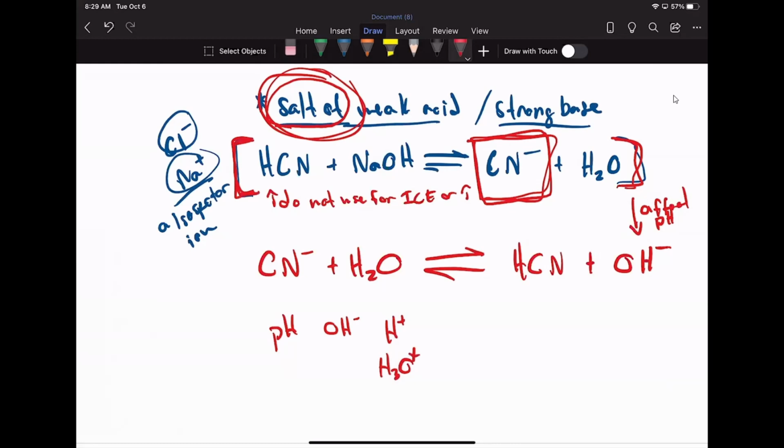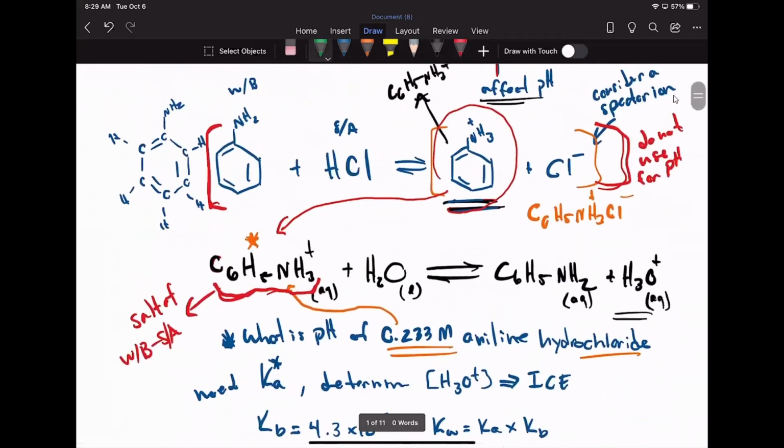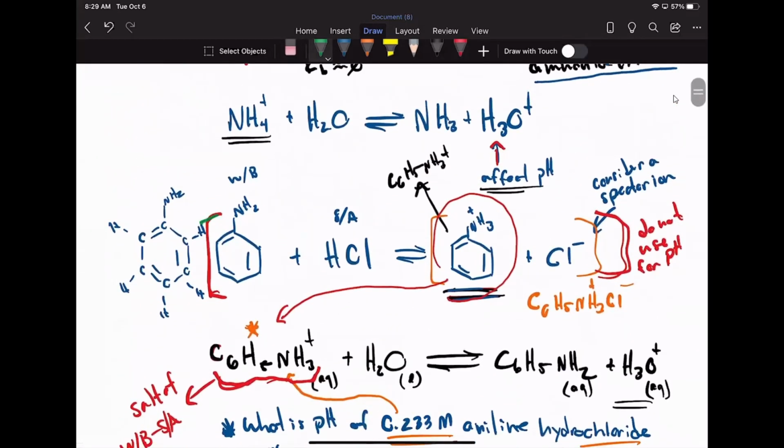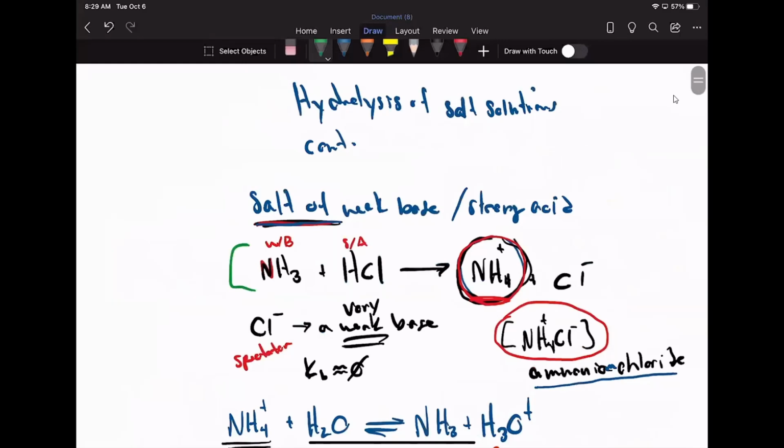If it's not in my reaction, how the heck can I calculate pH? I can't. If we go back to the previous reaction, and I have this first initial one right here, how am I supposed to calculate pH from that?